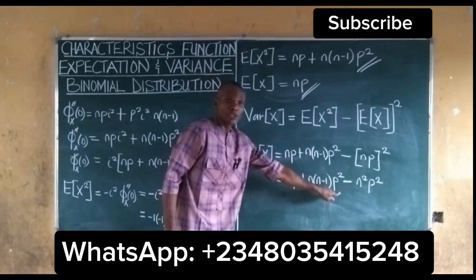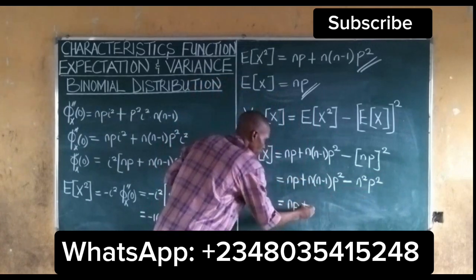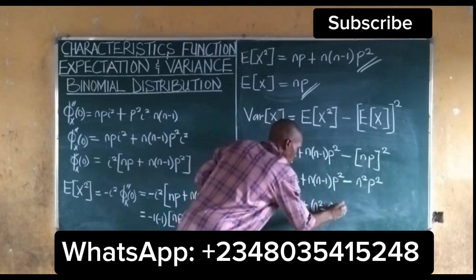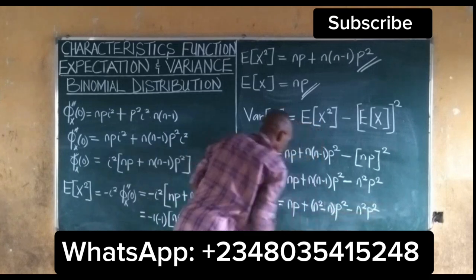Of course, we can open this bracket to give us np plus n squared minus n p squared minus n squared p squared.